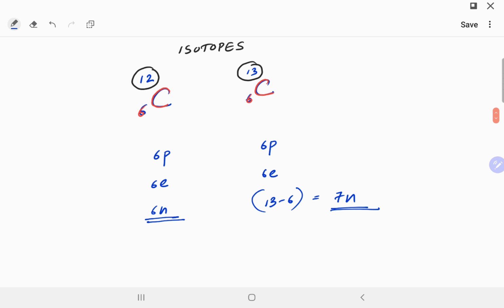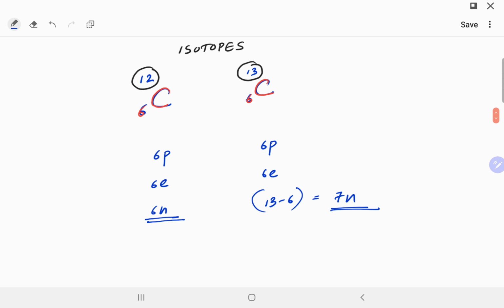Does it change the charge of carbon atoms? No, because neutrons are neutral, so they don't impact the charge of an atom. You have 6 protons, 6 electrons. Protons and electrons are the only things that impact the charge of an atom. So both these atoms are neutral because protons and electrons are unchanged.